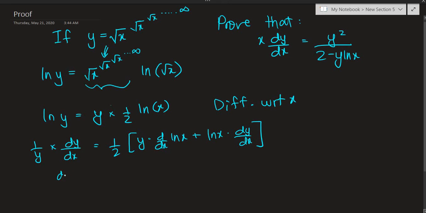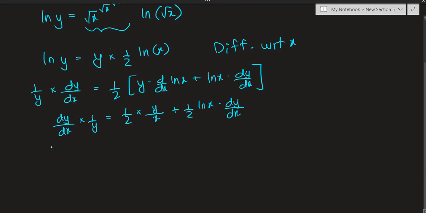So we have dy over dx times 1 over y equal to, the derivative of the natural log of x is 1 over x, so half of y over x plus half of the natural log of x times dy over dx.